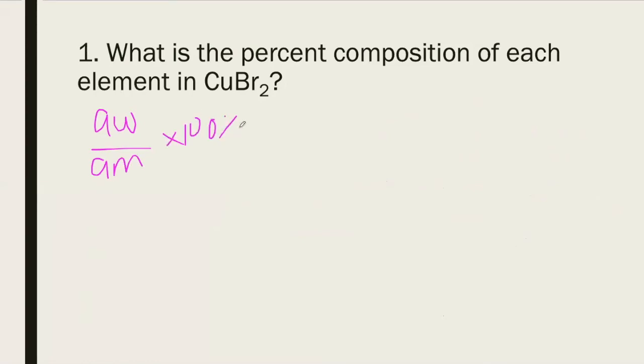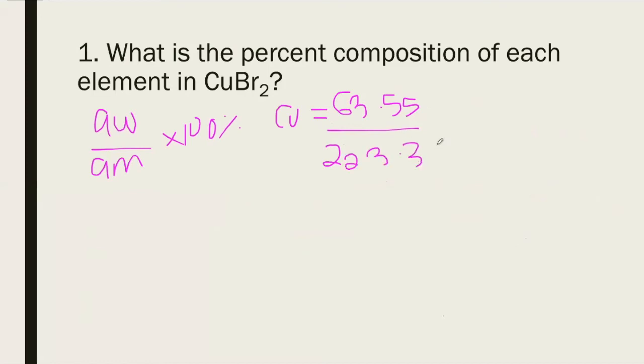So let's start with Cu. So Cu has the atomic weight of 63.55. The atomic mass, or the total mass of the compound, is 223.35. And then we do that times 100 to find the percent.